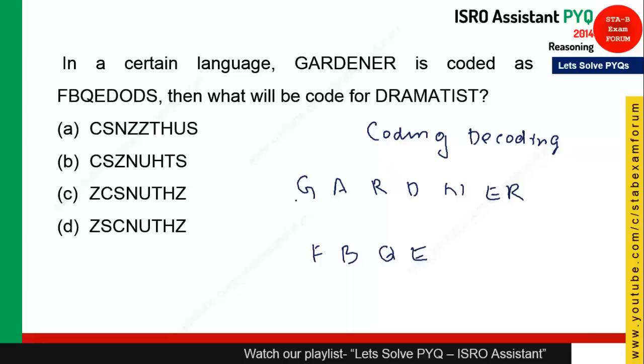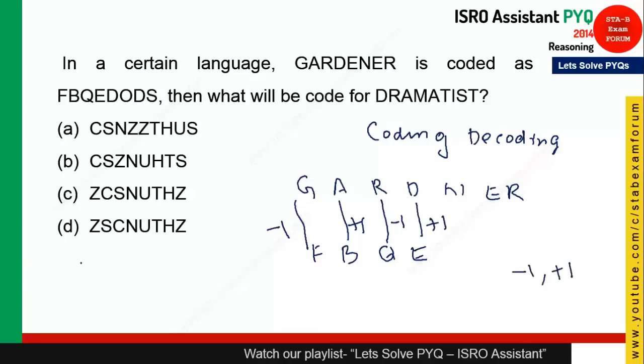F G means we are decrementing one letter. Before G what comes? F. And here we are incrementing A, B. Here we are decrementing R by 1, then it becomes Q. Again here we are incrementing. So there is a pattern of -1, +1, and so on.